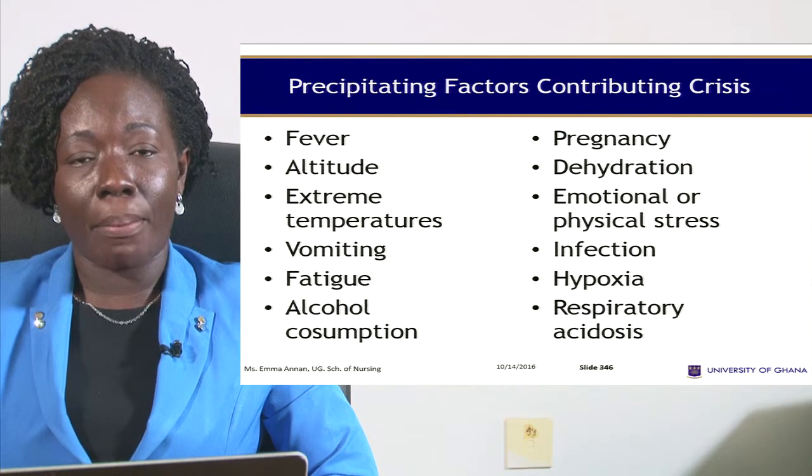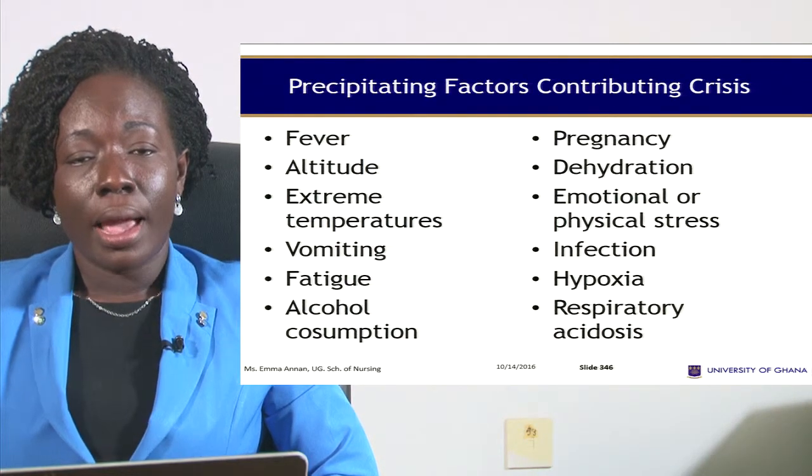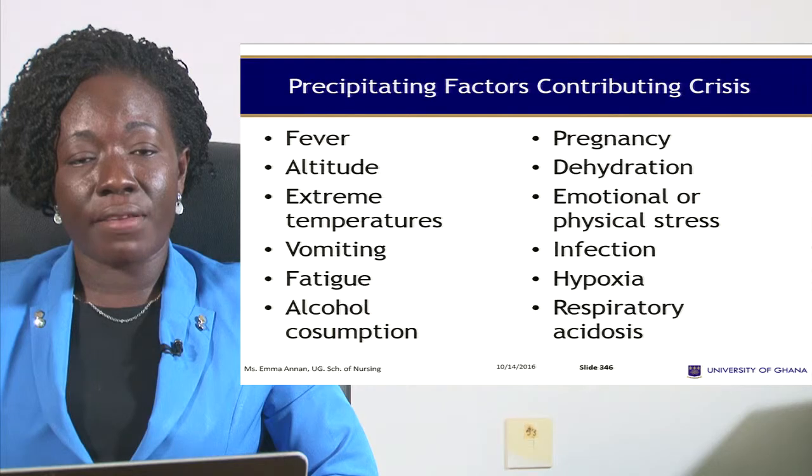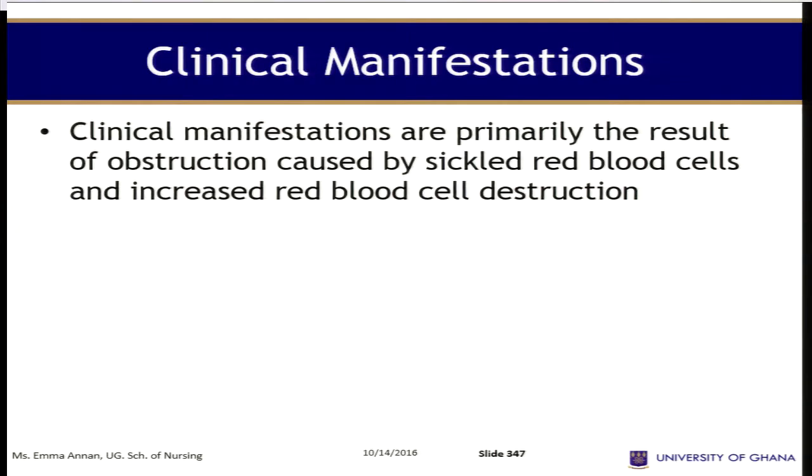So we can talk about pregnancy here, dehydration, emotional or physical stress, infection, hypoxia, respiratory acidosis. These are the precipitating factors that can precipitate the child to have crisis.